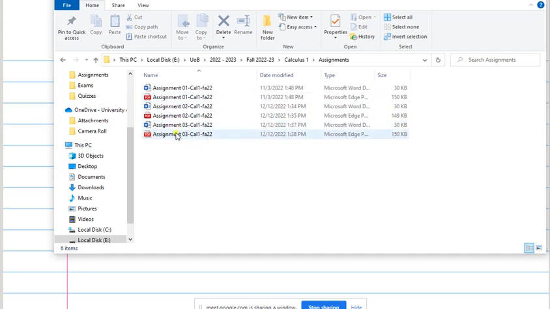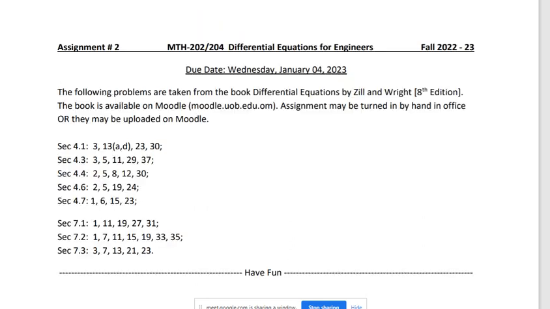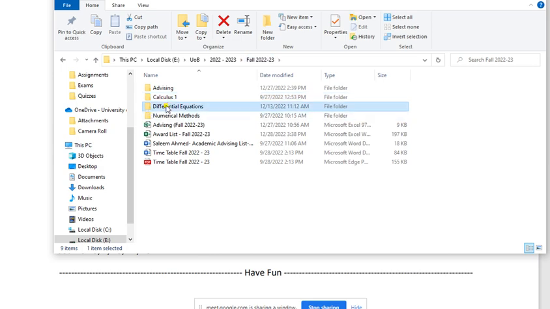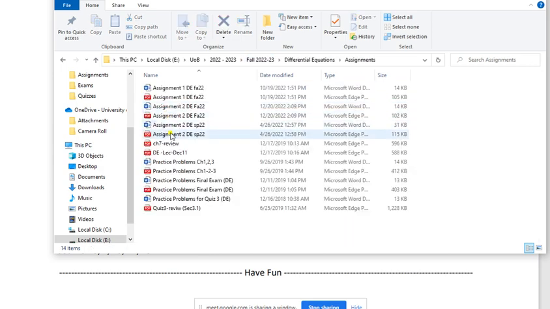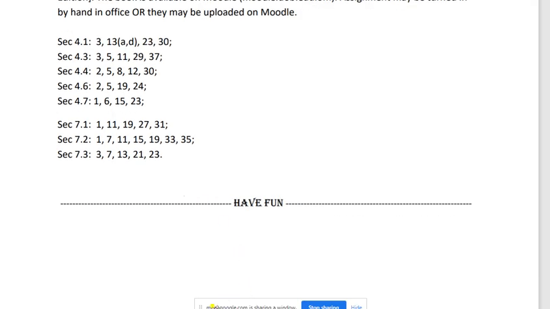I may ask you one differential equation to solve, and one question will be finding the Laplace transform. I did not give you anything from 7.1? Let me check the assignments. Assignment 3 is that, right? In assignment 3, 7.1 has 1, 11, 19, 27, 31. So I can pick something.